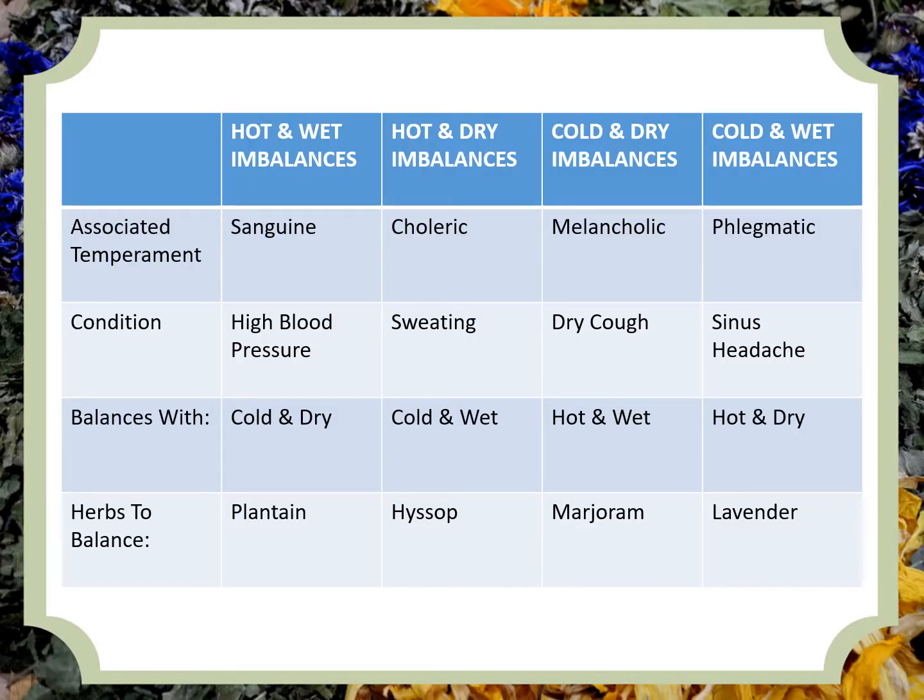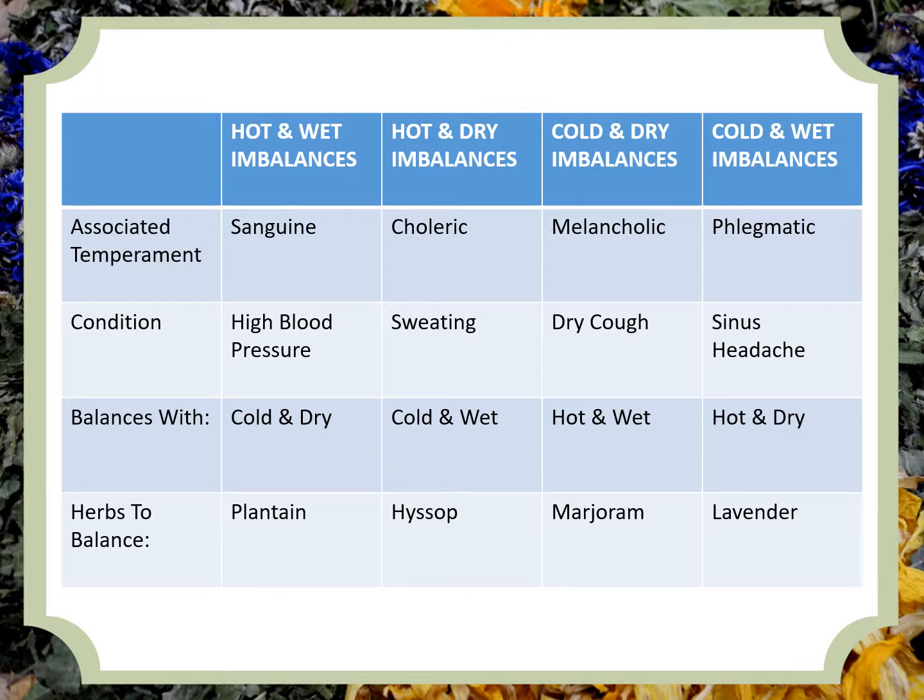All right. So now how do we apply this knowledge? I explained this a little bit at the beginning. We have conditions that are associated with these temperaments. They're either hot and wet imbalances, hot and dry imbalances, cold and dry imbalances, or cold and wet imbalances.